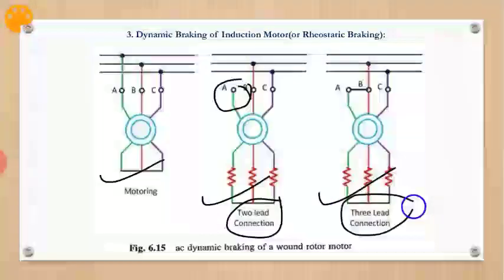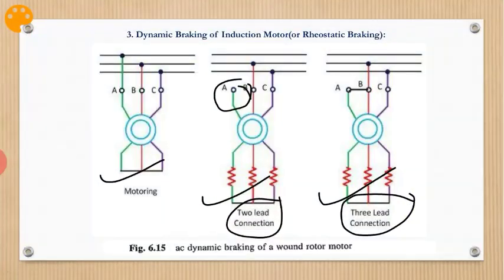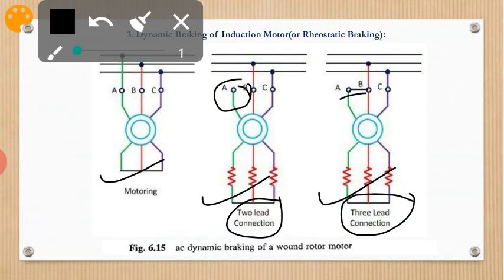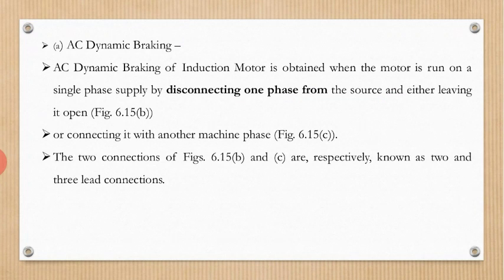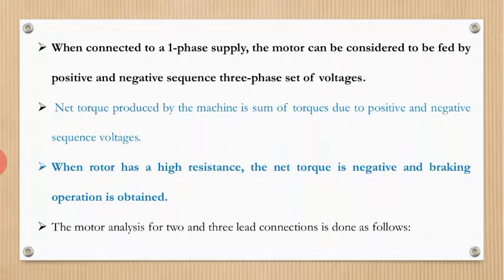In the 3 lead connection, the disconnected phase A is connected to B. This connection is called the 3 lead connection. I already explained this. Now let me discuss what happens when we disconnect from the supply.